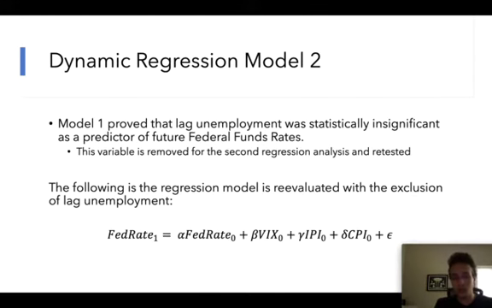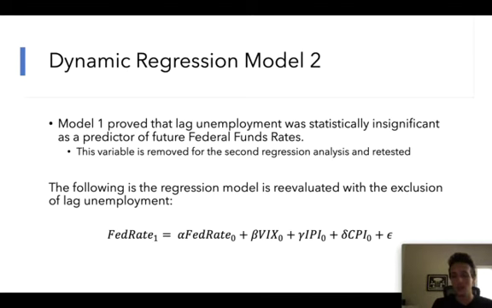While this was a good regression model, it wasn't perfect. We wanted to ensure that all the contributing variables are statistically significant. From model 1, we proved that lag unemployment was statistically insignificant as a predictor of future federal funds rate. This variable is then removed for the second regression analysis, and the tests are rerun.